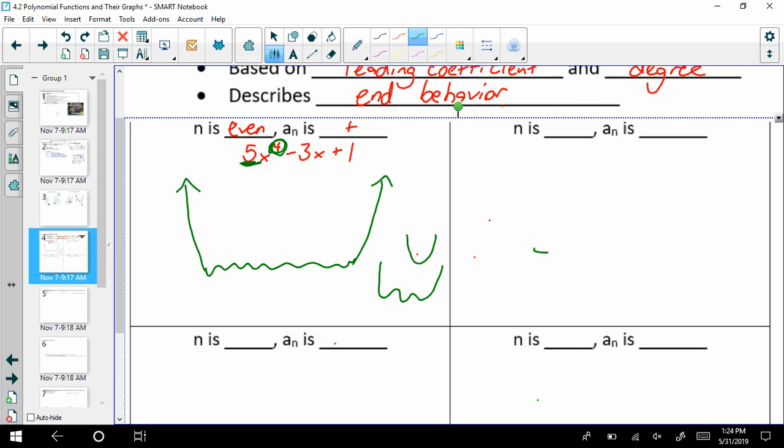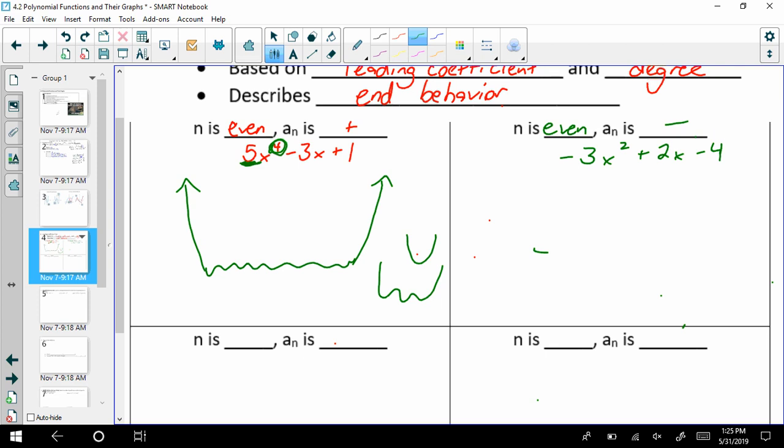Well, what if n is even, but the leading coefficient is negative? So something like negative 3x squared plus 2x minus 4. So my highest exponent is even, but the number out front is negative.